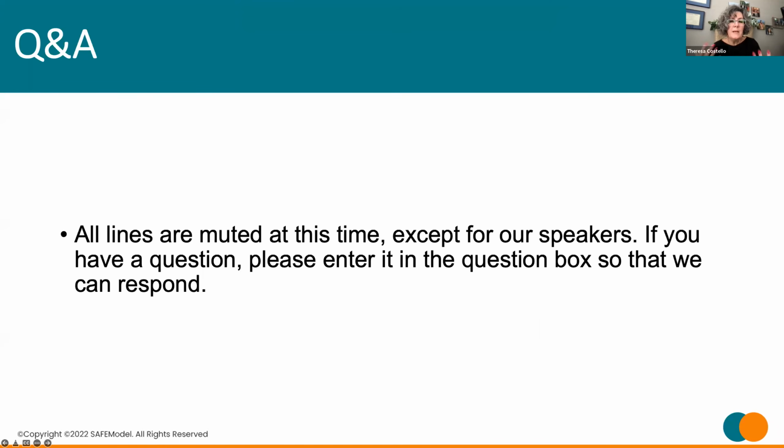So generally speaking, from a best practice point of view, safety plans should be formalized. And by that, I mean the agency is taking the lead to create it. It can still be a partnership with the family, especially if it's an in-home safety plan, but it's got to be formalized in the sense that everybody who's a part of it understands what their role is and what the frequency is.